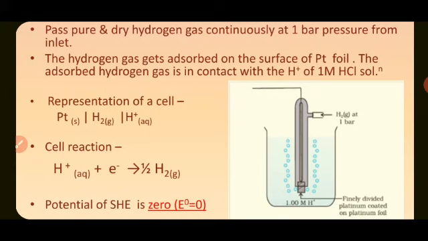How to represent the cell then? Platinum, solid, which is only for adsorption, then hydrogen gas and hydrogen ion H plus aqueous, which shows HCl. So what is the cell reaction? H plus ions from the HCl solution accept an electron forming hydrogen gas, and this hydrogen gas is adsorbed on the platinized surface.